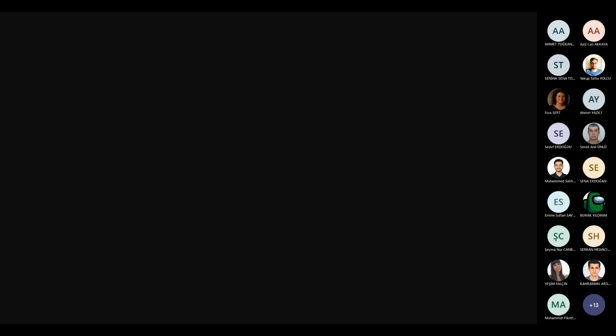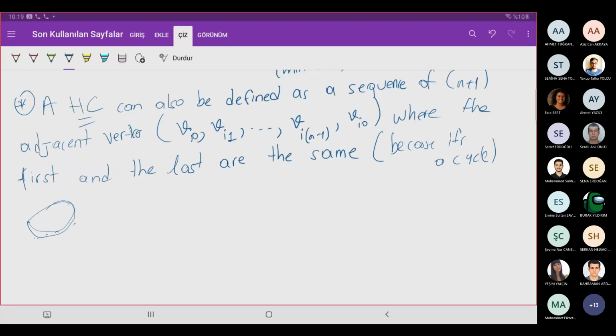For example, I will explain in an example. I think our time is up by it. Anyway, think about this example, because you are also responsible for this in the exam. You can find the answer from the internet, but think about this. How many possible cycles are there?